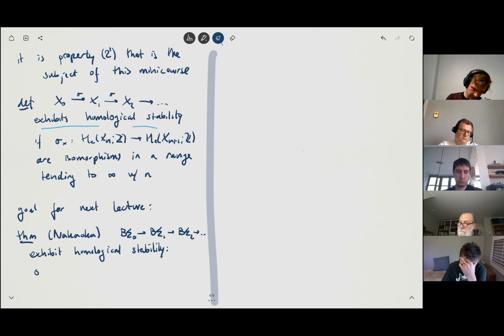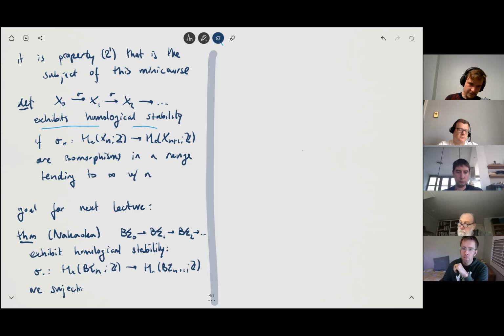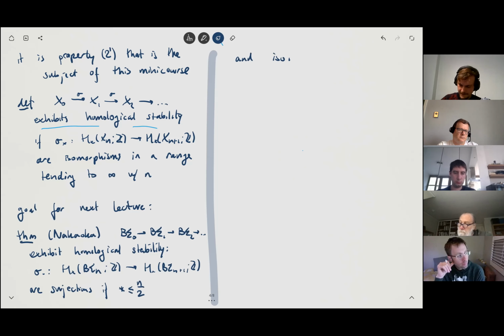So the induced maps are surjections in the following range. So star less than or equal to n over 2, and isomorphisms in a slightly smaller range.